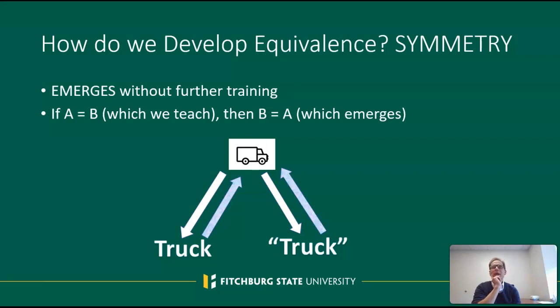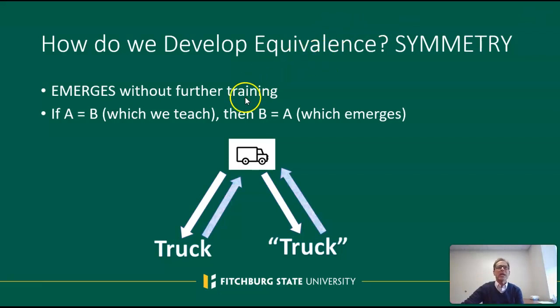Next, we move into the concept of symmetry. Once we do some teaching, we get the symmetry to emerge without further training. In this diagram, the arrows that are in white are the things that we specifically teach, and the arrows that are in blue are things that emerge without further training.